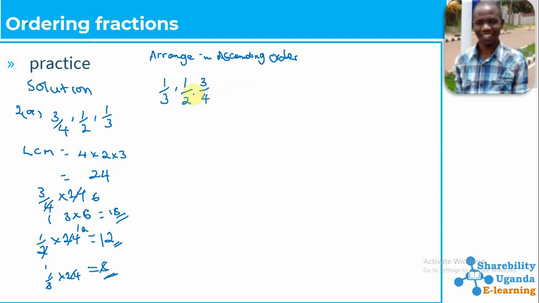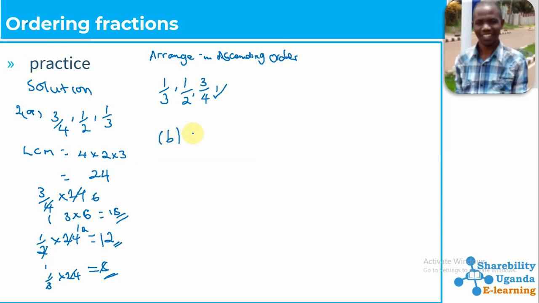So here we shall have concluded our answers: 1 out of 3, 1 out of 2, 3 out of 4. So that will be our part A done. Then we look at our part B.